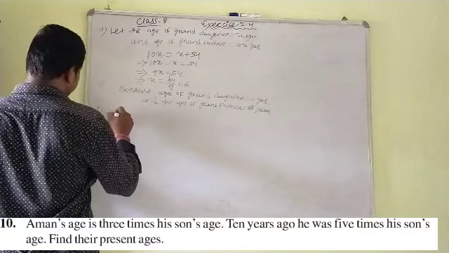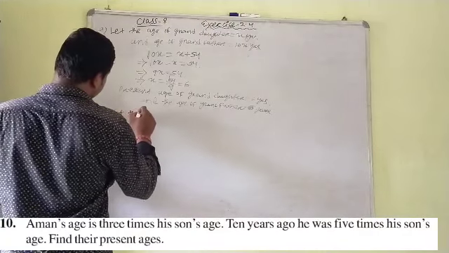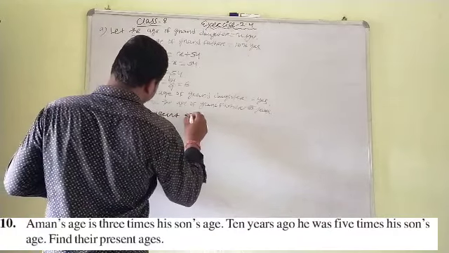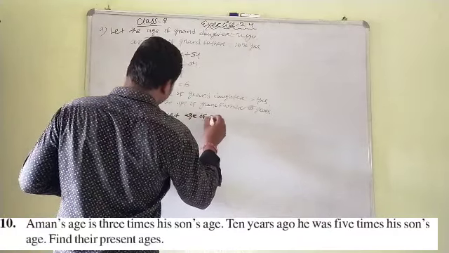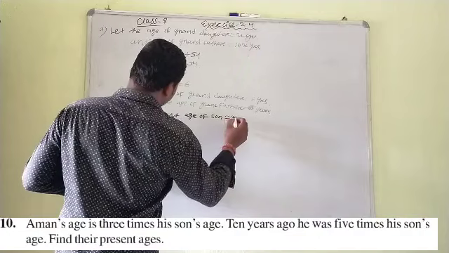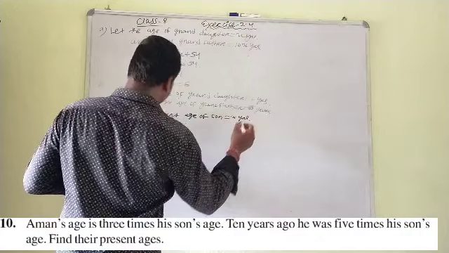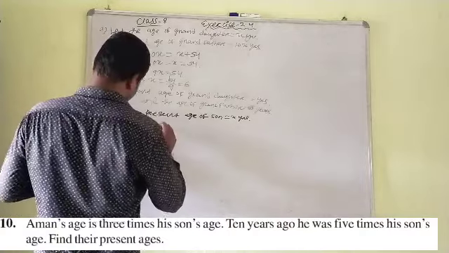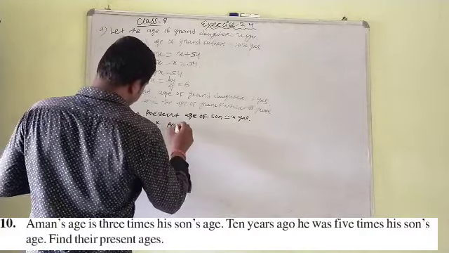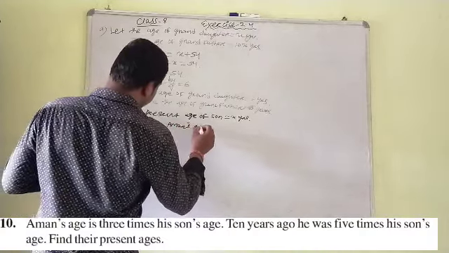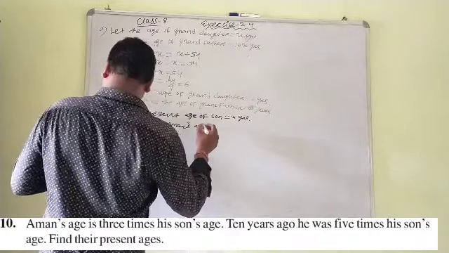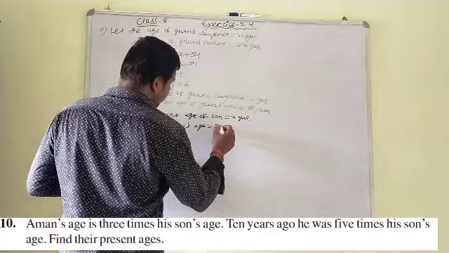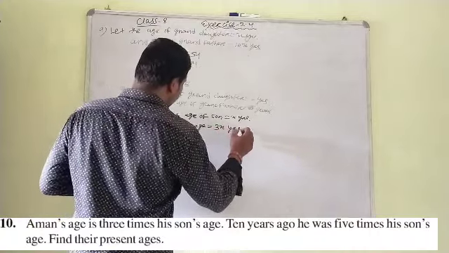Let us write, let the present age of the son be x years. And Aman's age is equal to 3 times the son's age, so 3 into x years.